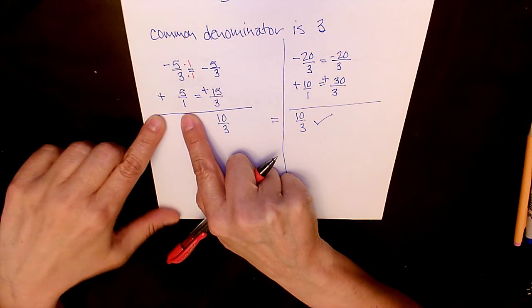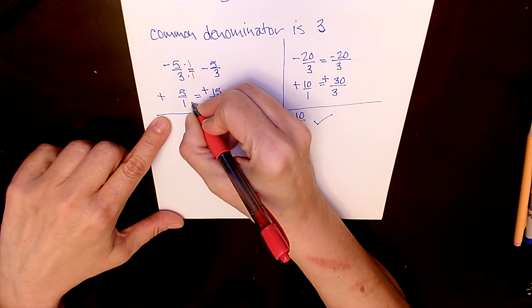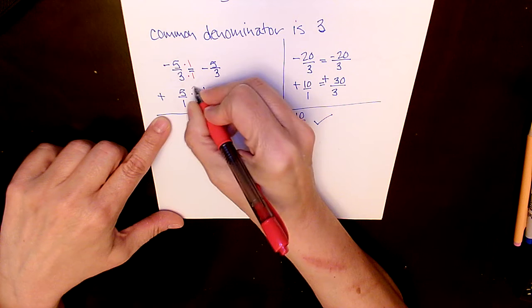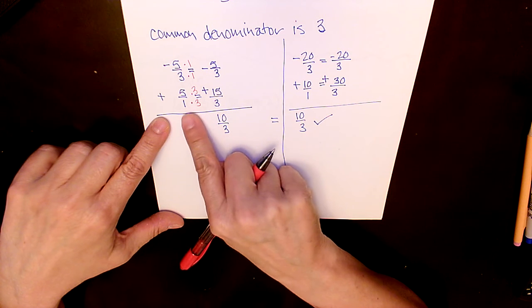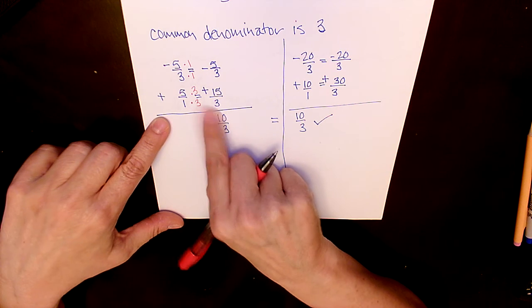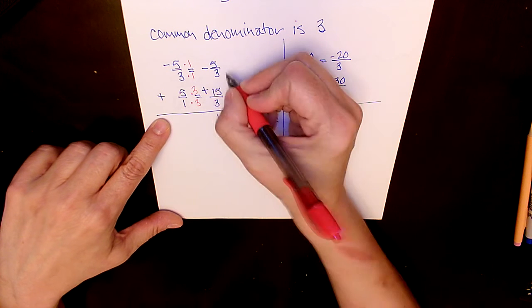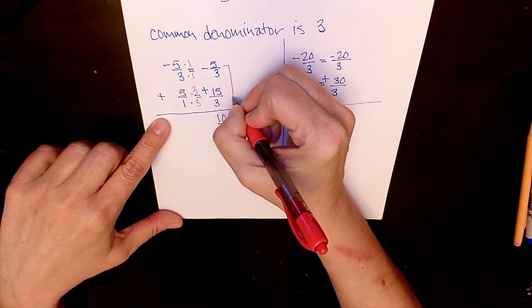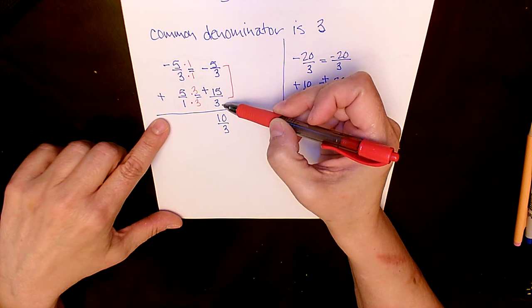And then next I'm taking the 5/1 and changing that to thirds. So I'm multiplying top and bottom by 3. 1 times 3 is 3. 5 times 3 is 15. So I've got -5/3 plus 15/3.